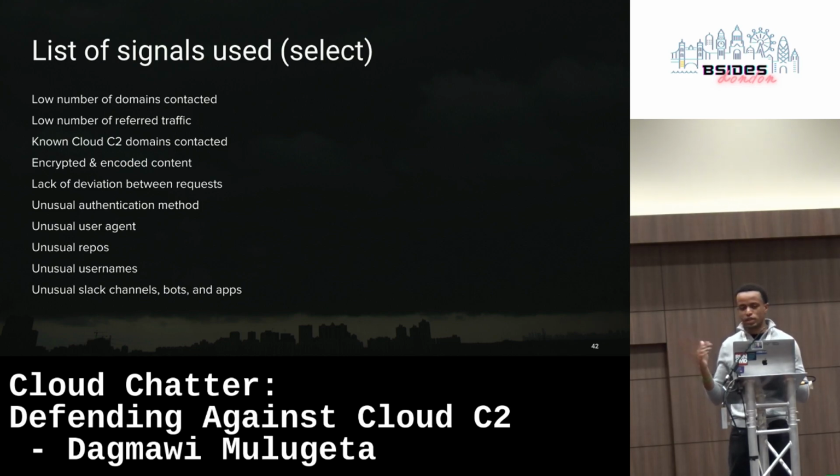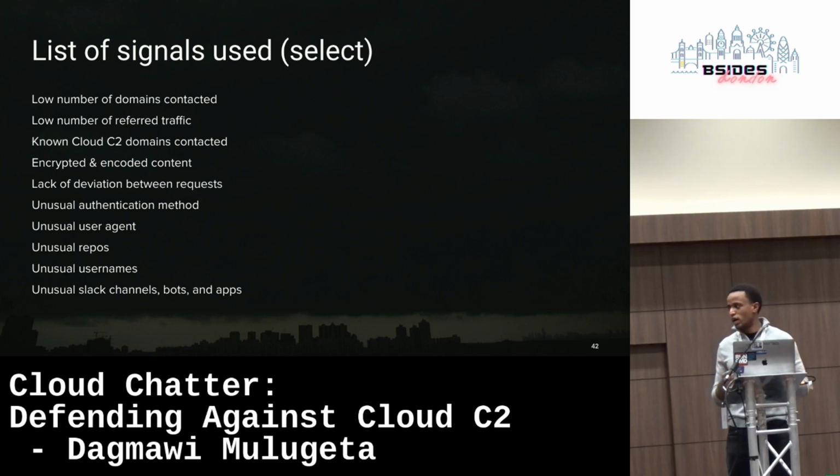If we see a low number of domains being communicated to, if there's a low number of referred traffic, since malicious or C2 traffic generally isn't referred, if we see a set of known Cloud C2 domains being contacted, if the data is encrypted or encoded in any way, if there's not much deviation between requests, so if it's every 5 seconds you see a beacon go out, if there's an unusual authentication method, unusual user agent, unusual cloud repo, unusual username, Slack channel, apps, or bots, we want to flag these as well.